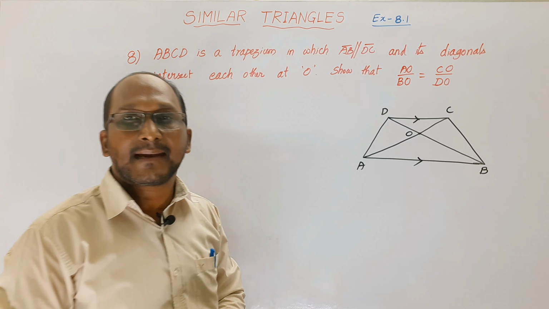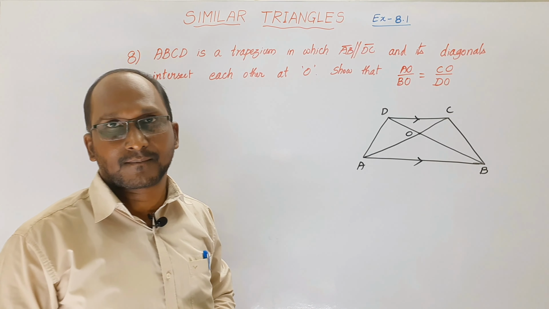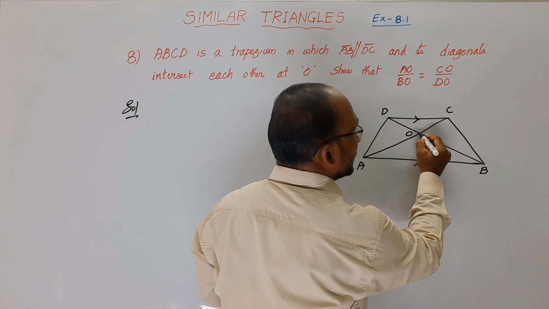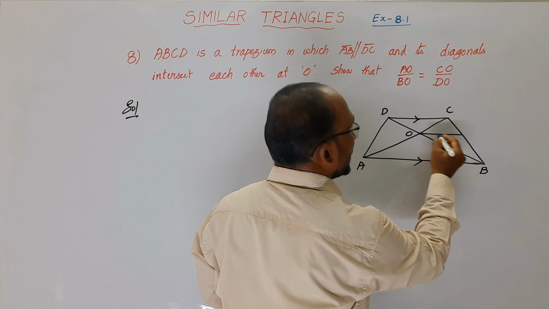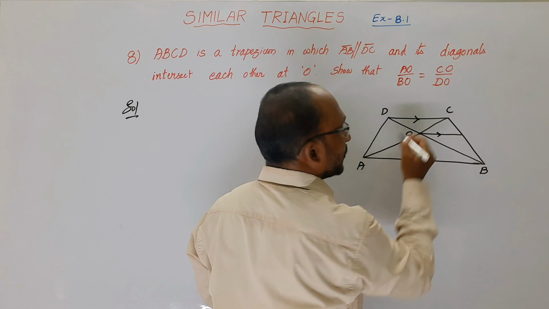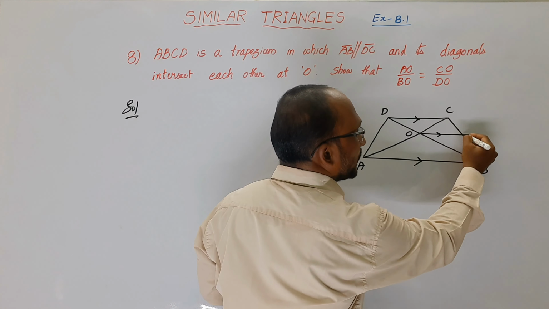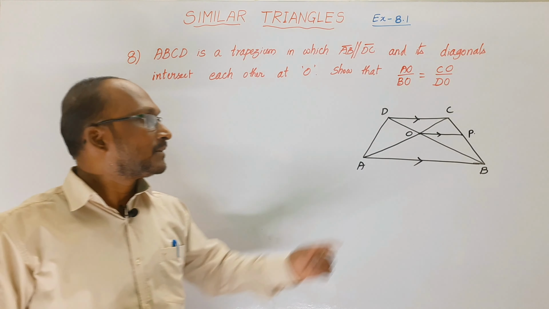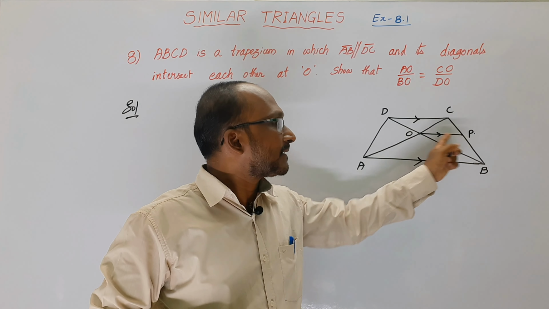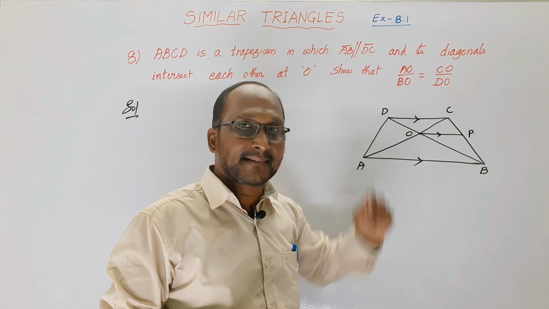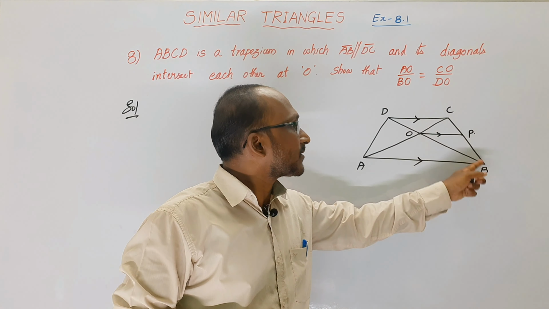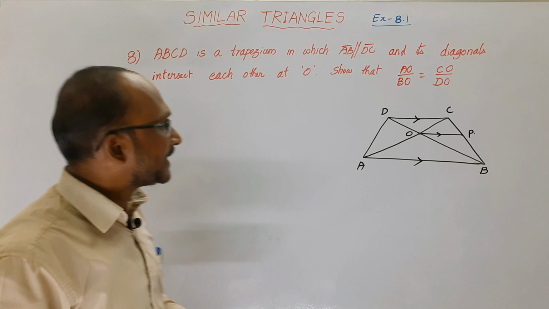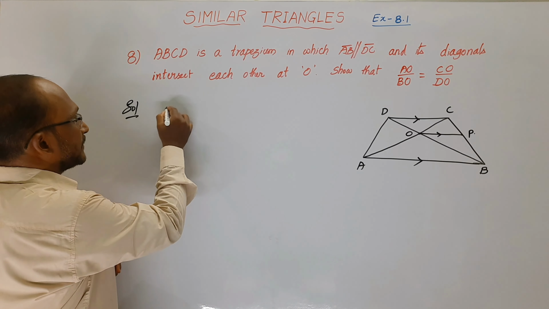For this, let us take some construction. Let us draw a line parallel to AB or DC through the point O. Let us name this point of intersection as P. Now, before considering the triangle BCD, let us write the construction.